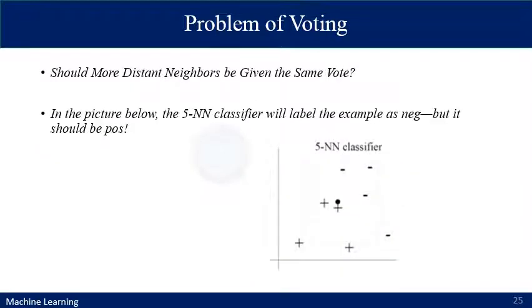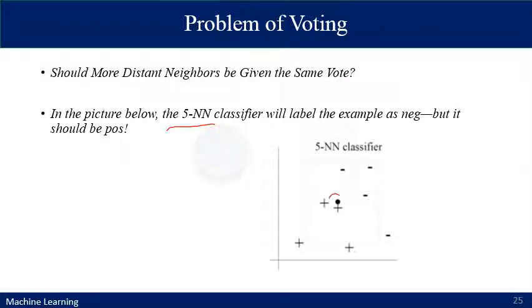Do you think that voting can solve all the problems associated with the nearest neighbor classifier? Well, this may not be the case. And should more distant neighbors be given the same vote? I think not. In this picture, you can see that we have a 5 nearest neighbor classifier and it will label the example as negative, but it should be positive.